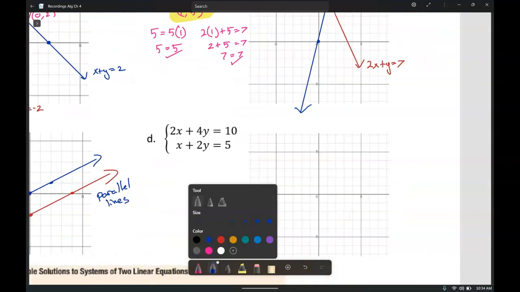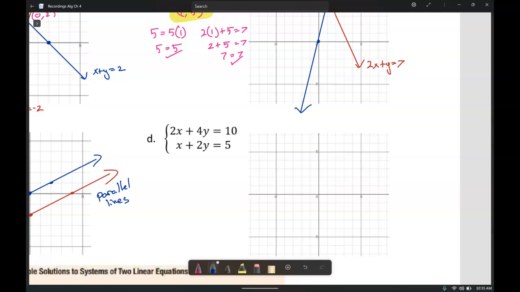So now with the next equation, let's go ahead and also graph these. So we have a y-intercept at 2.5 and an x-intercept at 5.